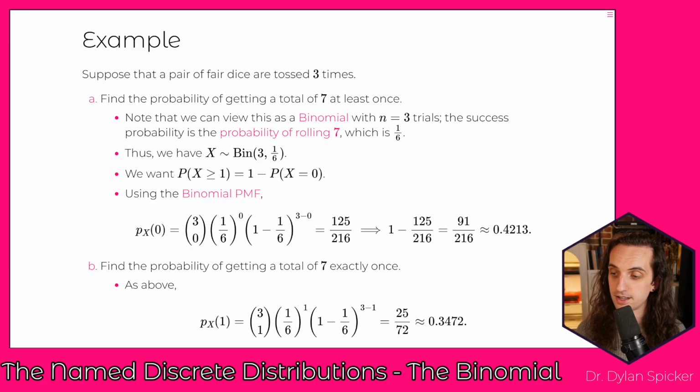So all of this becomes easy to do because we've identified X as being binomial up here. Working through that expression gives us 25 out of 72, or about 34.72%. So there's a 42% chance, roughly, that you get 7 at least once, and a 34.7% chance that you get 7 exactly once.